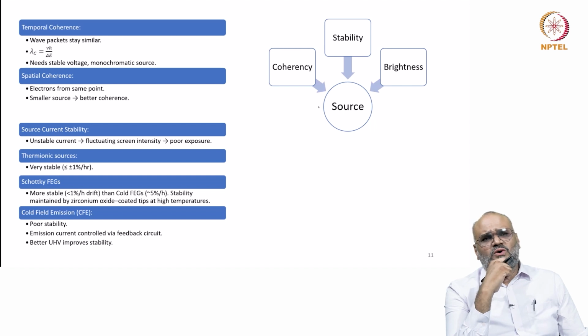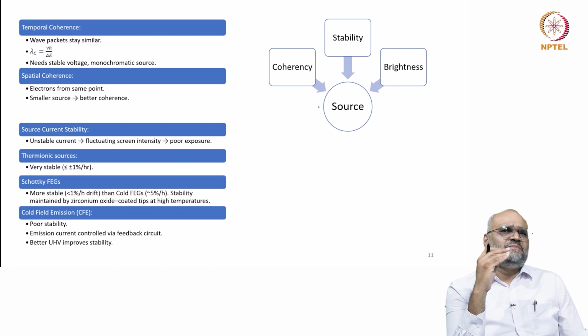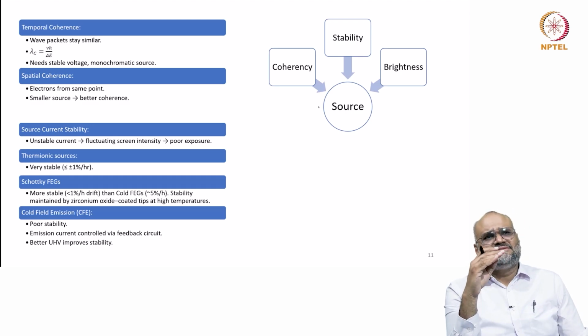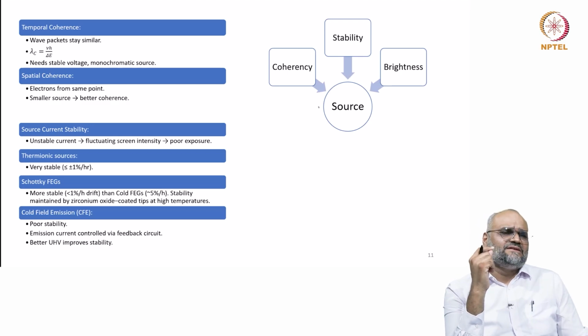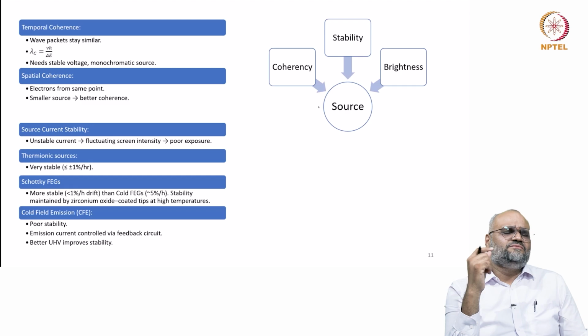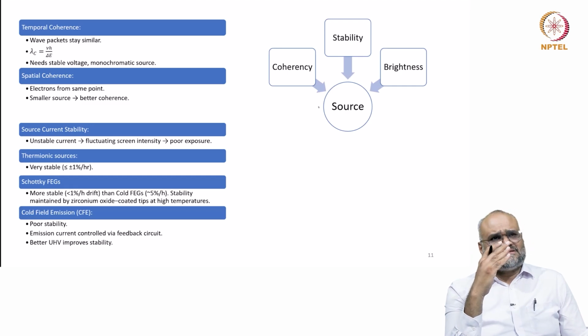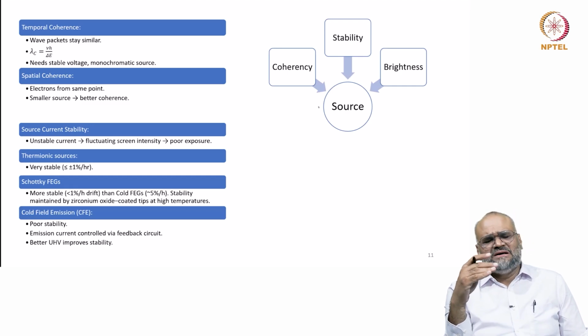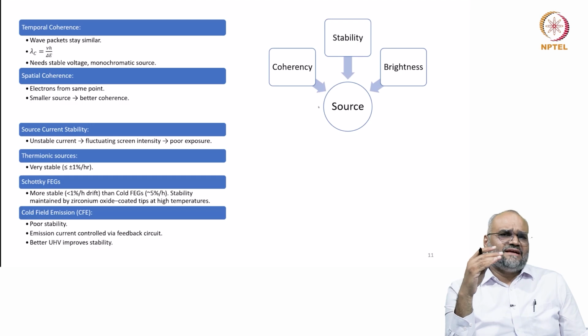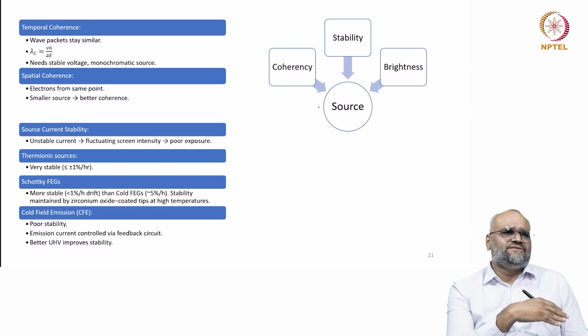But when you look at cold field emitters, on average, the emission current drops by about 5% per hour to even as high as 15% per hour. To improve the stability of these cold field emitters, you maintain ultra high vacuum, but when the source current drops below 25% of the expected source current, you do something called flashing.